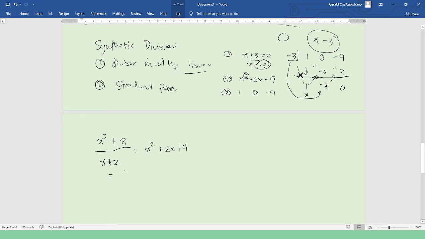Itong x cubed plus 8 ay pwede mo siyang isulat as, dapat pala yan ay minus pala dapat. So, pwede mo siyang isulat as ganito. X plus 2 times x squared minus 2x plus 4, okay, divided by x plus 2. So, x plus 2 will cancel out, and you will be left with x squared minus 2x plus 4.